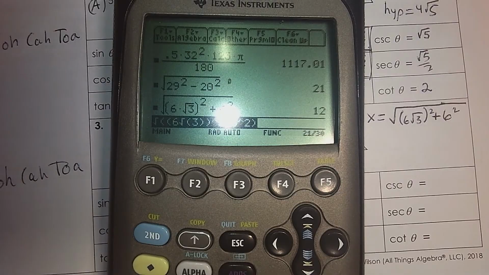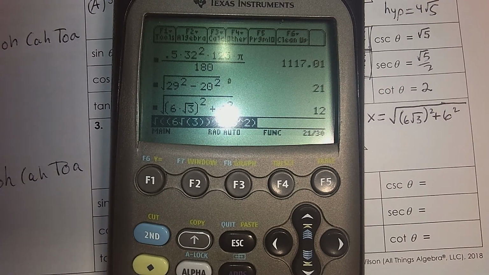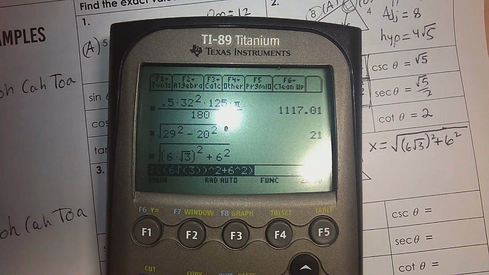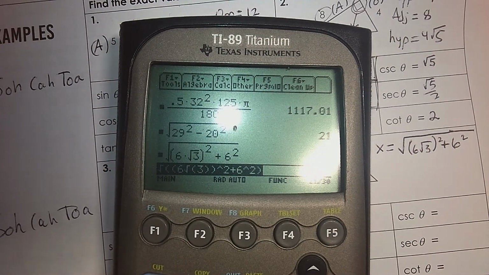What's the missing side? Make sure, look carefully. Can you look at the bottom line and how you type it in correctly? Chris, you need to learn how to type it in correctly. So I need you to look at the bottom line and see the parentheses I used, and you have to do it.